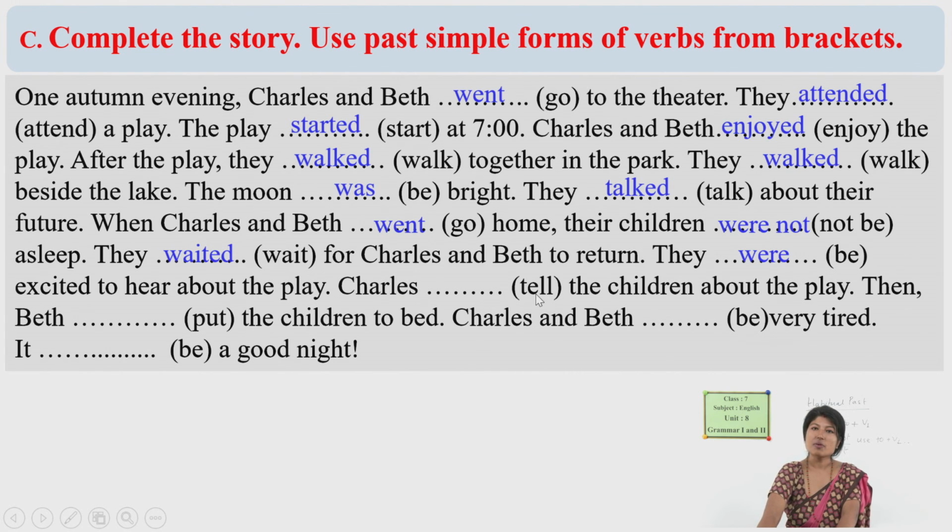Charles, what's the past form of tell? Told the children about the play. Then Beth put, past form also put, the children to bed. Charles and Beth were very tired, and finally it was a good night. Okay, in this way we can complete this exercise.